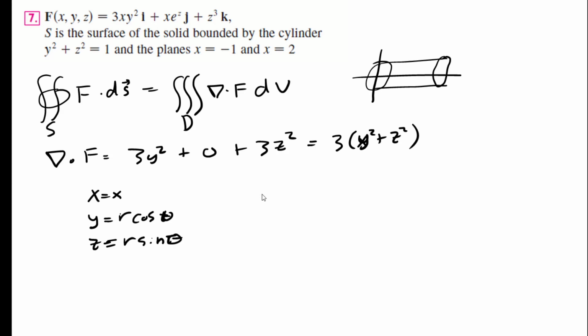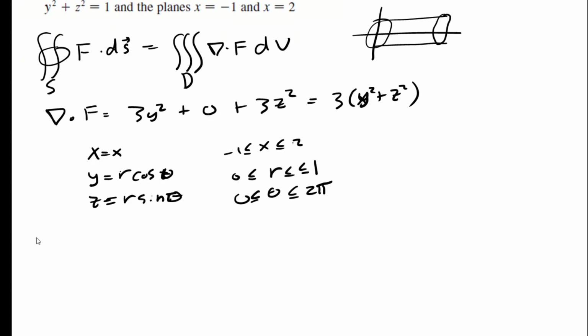So we have that x is between -1 and 2, r goes from 0 out to 1, and theta goes from 0 all the way around to 2 pi.